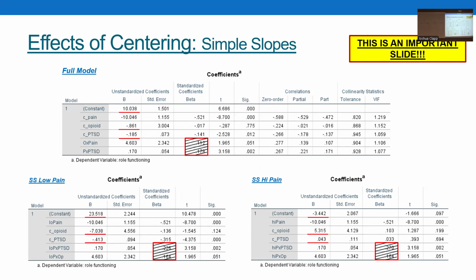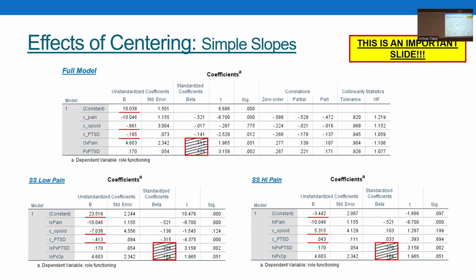Opiate use is the same, PTSD is the same, but now I've got low pain by PTSD and low pain by opiate use. Over here for high pain, I swapped out pain for high pain, opiate use is the same, PTSD is the same. Now I have high pain and PTSD and high pain and opiate use. So two separate models.